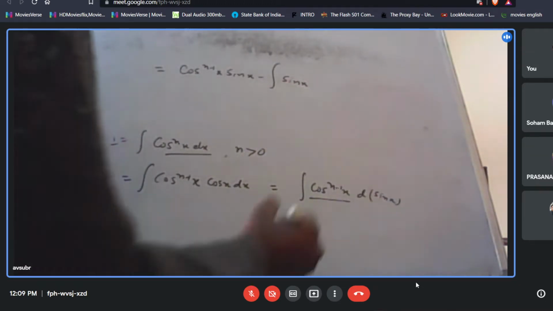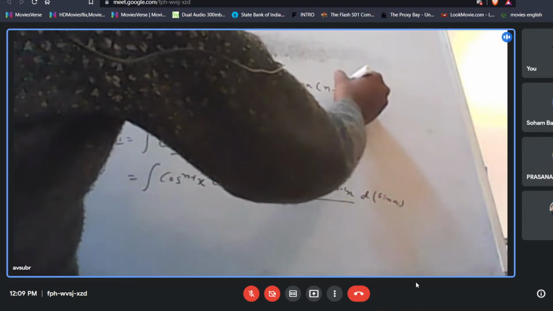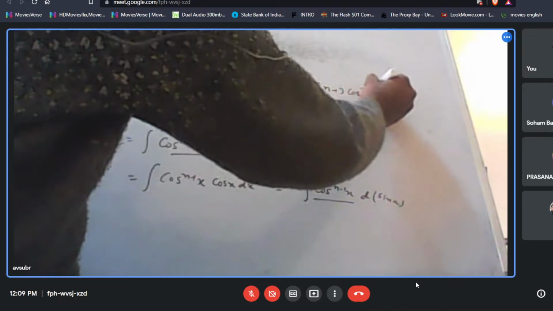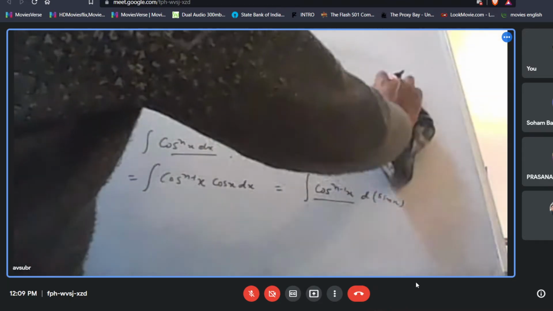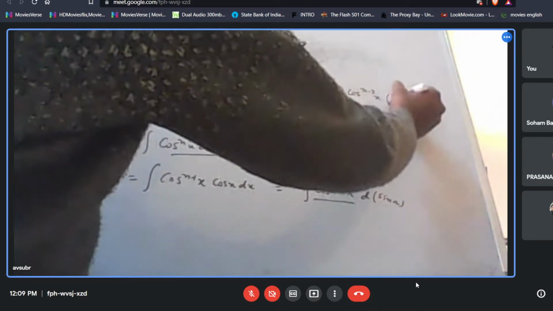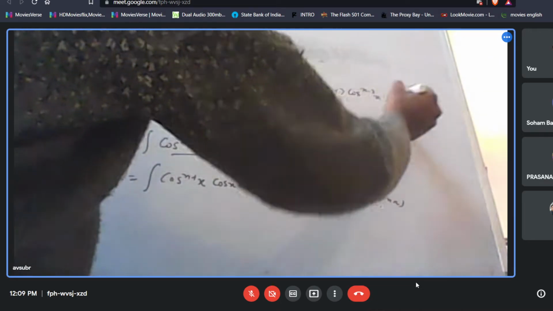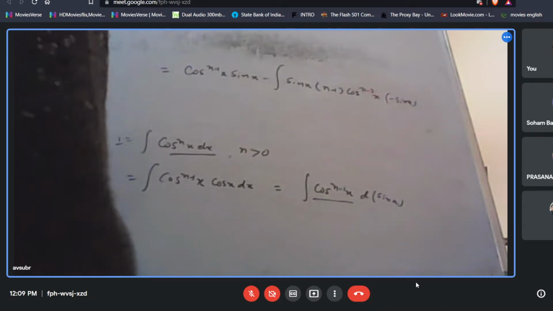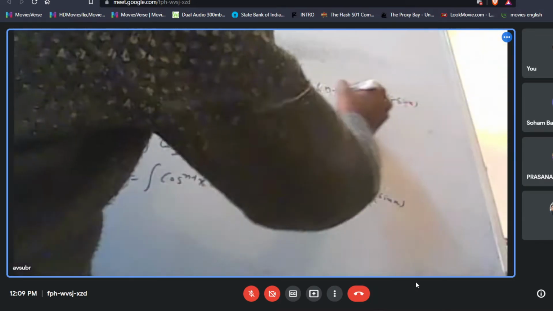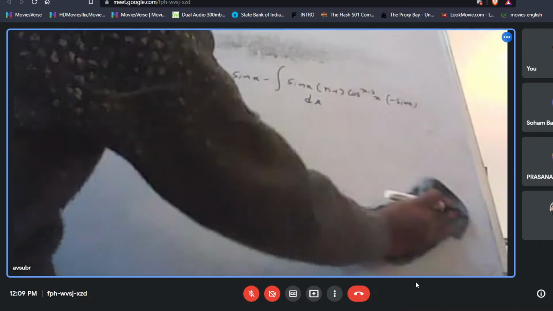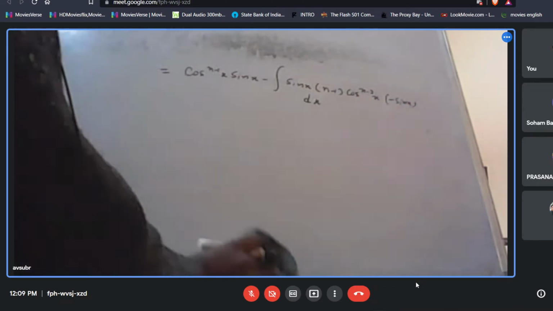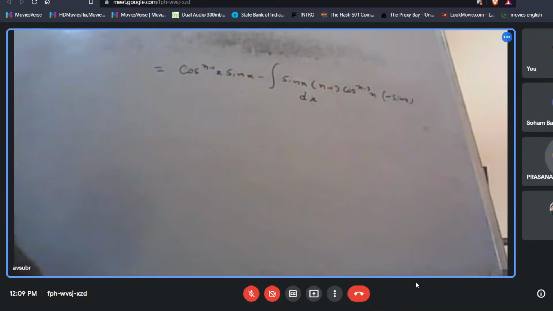So differentiation of this will yield n minus 1 cos to the power n minus 2 x into minus sin x dx. Is it okay? Yes, sir.